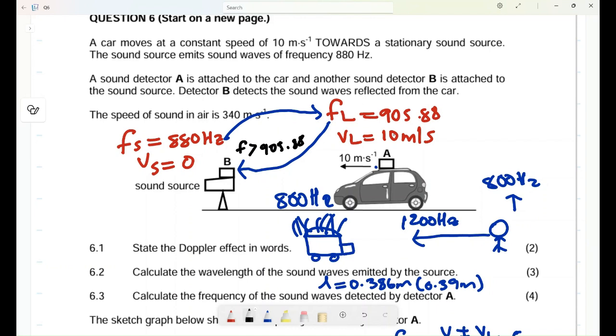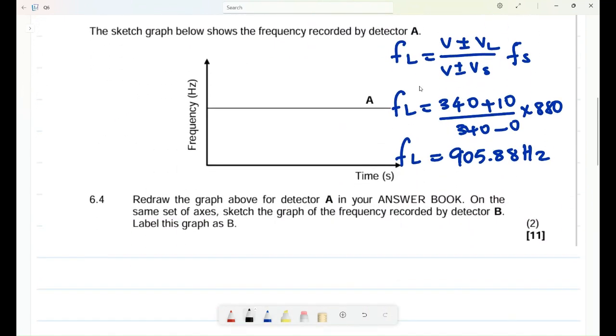So if A emits the frequency of 905.88 to B, then B is expected to hear a frequency that is higher than 905.88, because it is still approaching, moving closer and closer. Hence the frequency of B will be higher. This is the frequency of B.